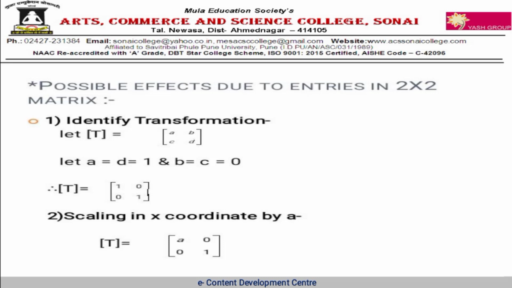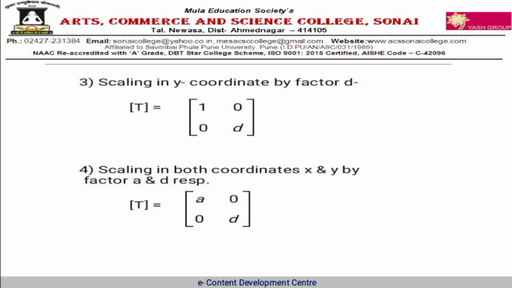The transformation matrix T is equal to A 0 0 1, which represents scaling in x coordinate by A. The next effect is scaling in y coordinate by factor D. For that, the transformation matrix T is equal to 1 0 0 D, which represents scaling in y coordinate by a factor D unit.